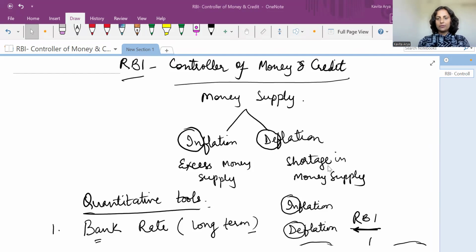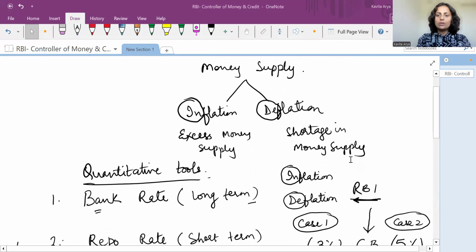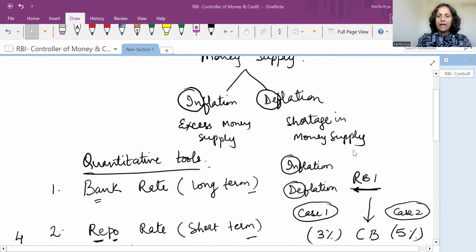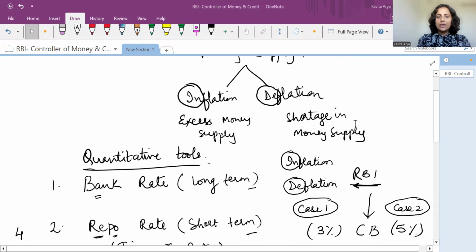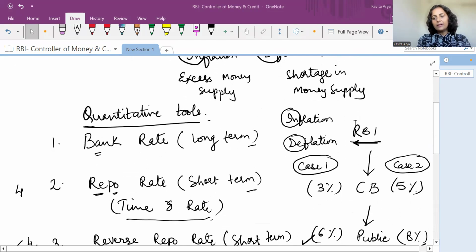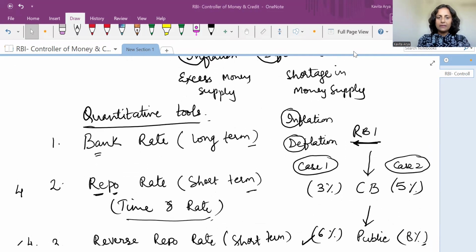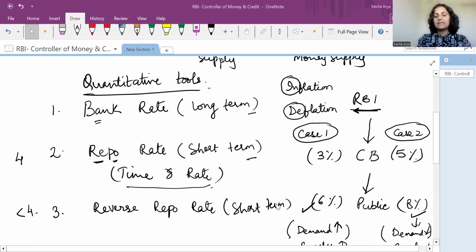In our previous video, we talked about how money supply has to be coordinated and controlled, because if money supply is out of control, it creates the problems of inflation or deflation. The tools which RBI uses are quantitative and qualitative in nature, and we have already done the quantitative aspect, all the 6-7 tools of RBI, wherein the logic remains the same everywhere.